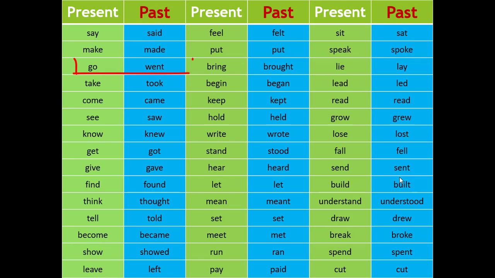Now I go, but in the past I went. Now I take, but in the past I took. Now I come, but in the past I came, etc. So please, it's better if you write this chart in your copybooks and try to memorize them all.